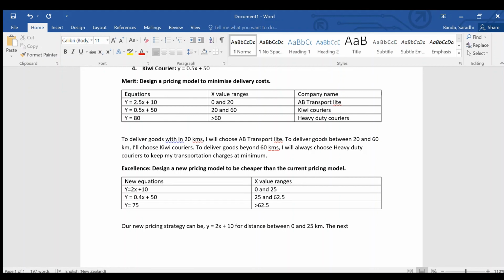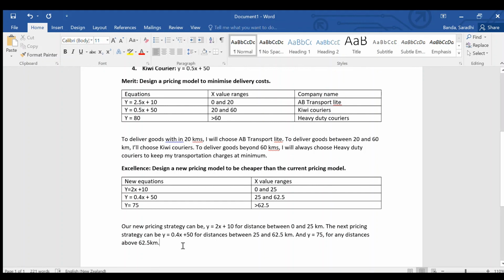The next pricing strategy can be y equals, sorry, y equals 0.4x plus 50 for distances between 25 and 62.5 kilometers, and y equals 75 for any distances above 62.5 kilometers.